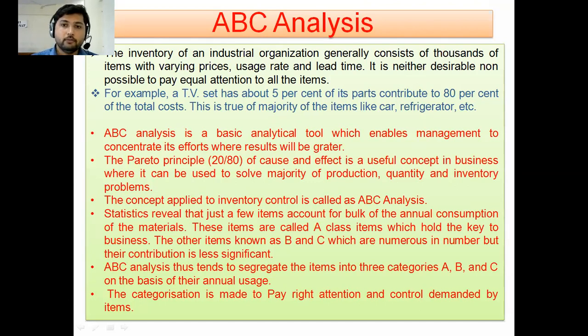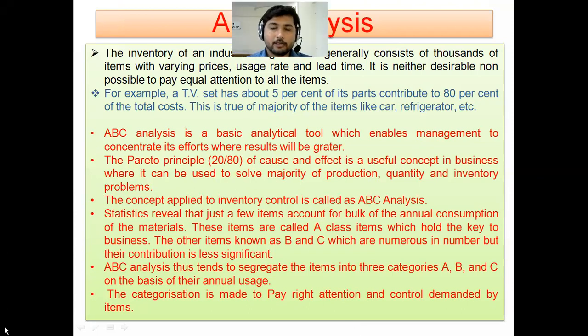Now, everyone knows that in the industry there are thousands of components. Let us consider Tata Motors or any car industry, or any two-wheeler manufacturing industry. If you take any big product, there are thousands of components related to that particular product.